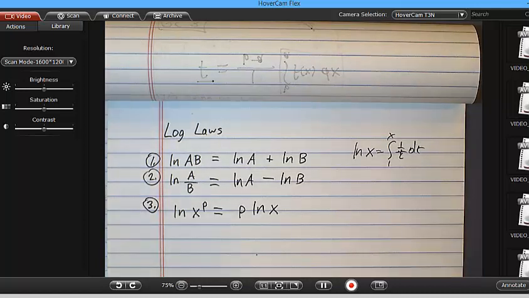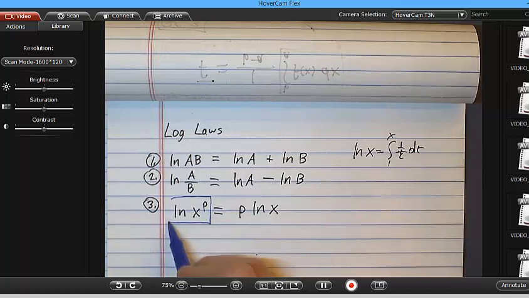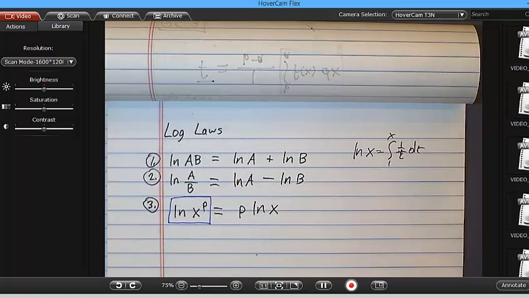Now, I think they're proved in your book, and the only one I want to do is the third one. I think that might be worth our time. So let's suppose we're thinking about the natural log of x to the p.